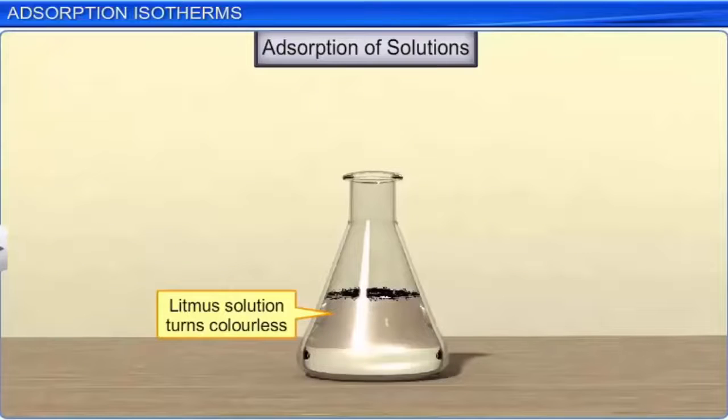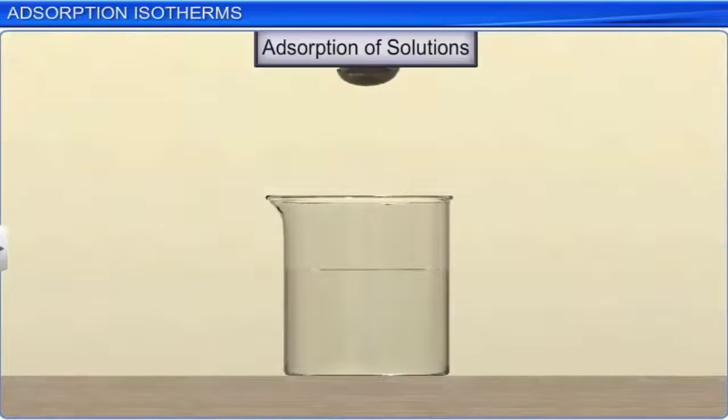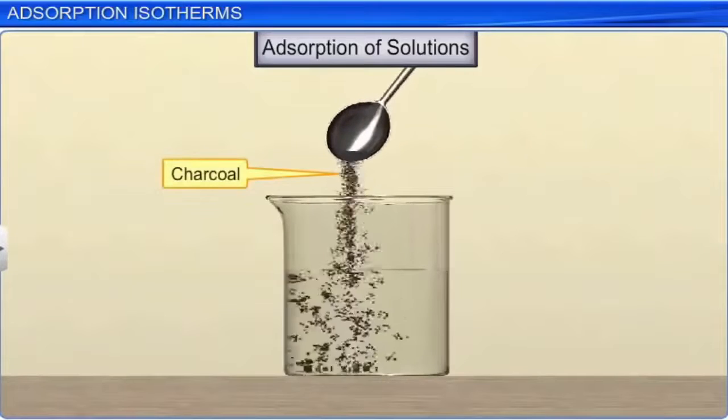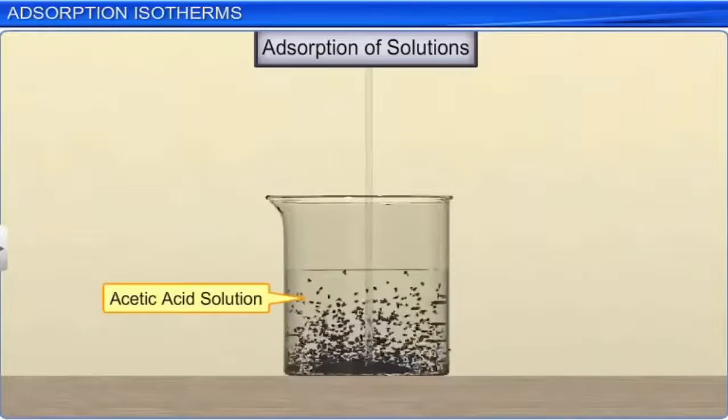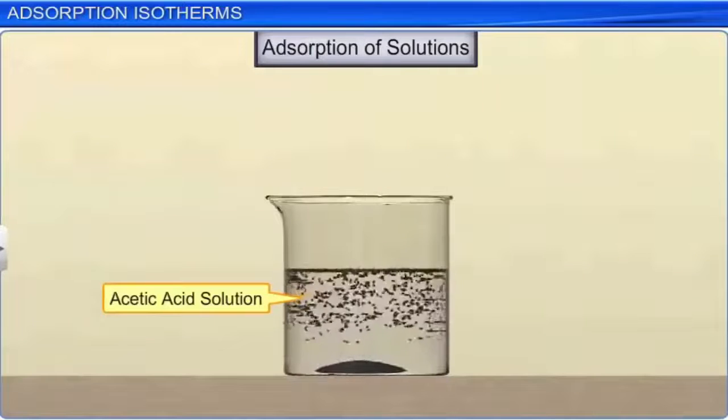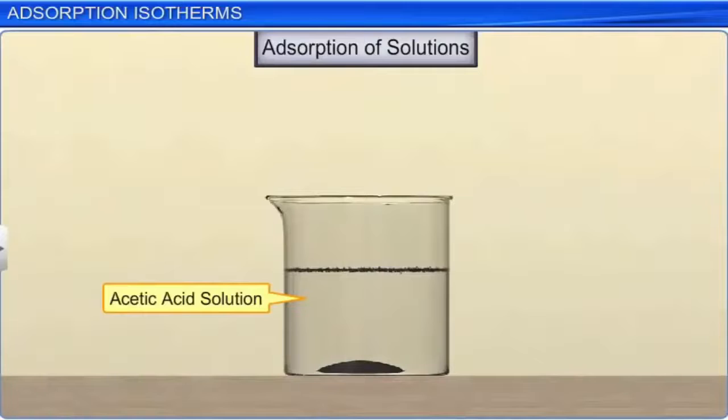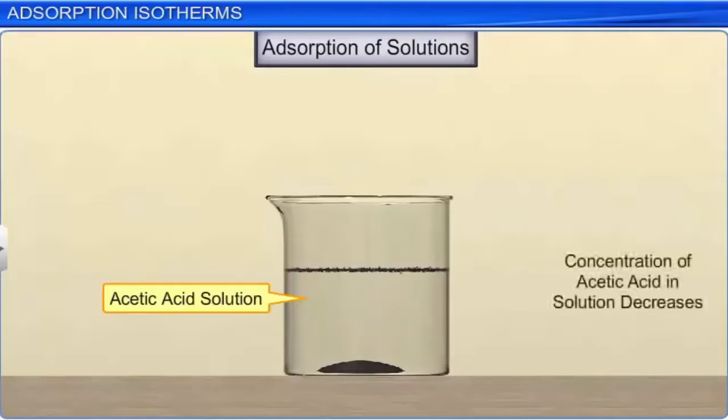This is because the dye of the litmus solution is adsorbed by the charcoal. Similarly, when activated charcoal is added to a solution of acetic acid in water, part of the acetic acid is adsorbed by the charcoal and the concentration of acetic acid in the solution decreases.